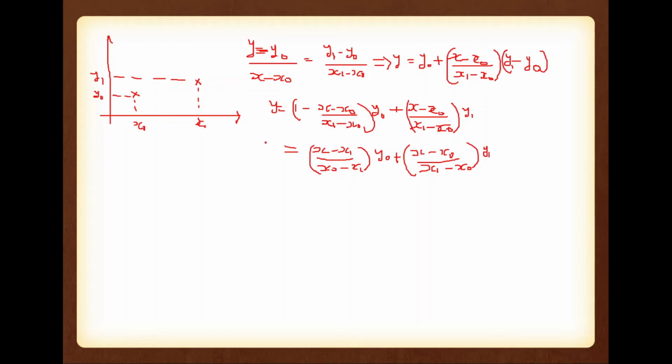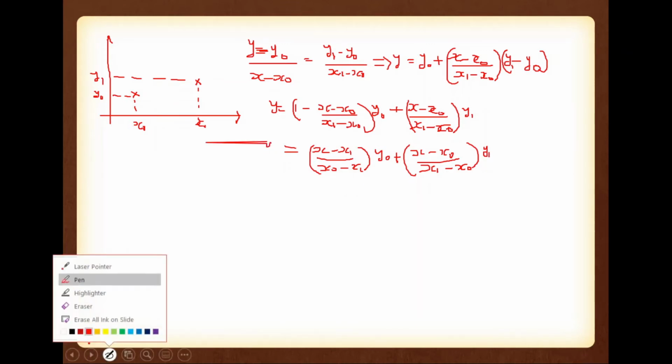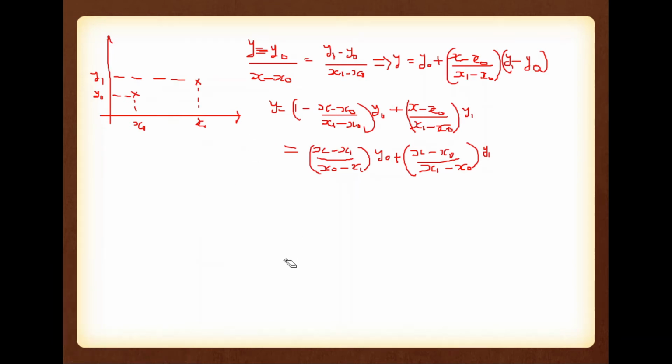So you can see that y is equal to (x minus x1) divided by (x0 minus x1) into y0 plus (x minus x0) divided by (x1 minus x0) into y1. Is it okay? Here we have considered 2 points, so we have a polynomial of degree 1. So we can call it a Lagrange polynomial of degree 1.